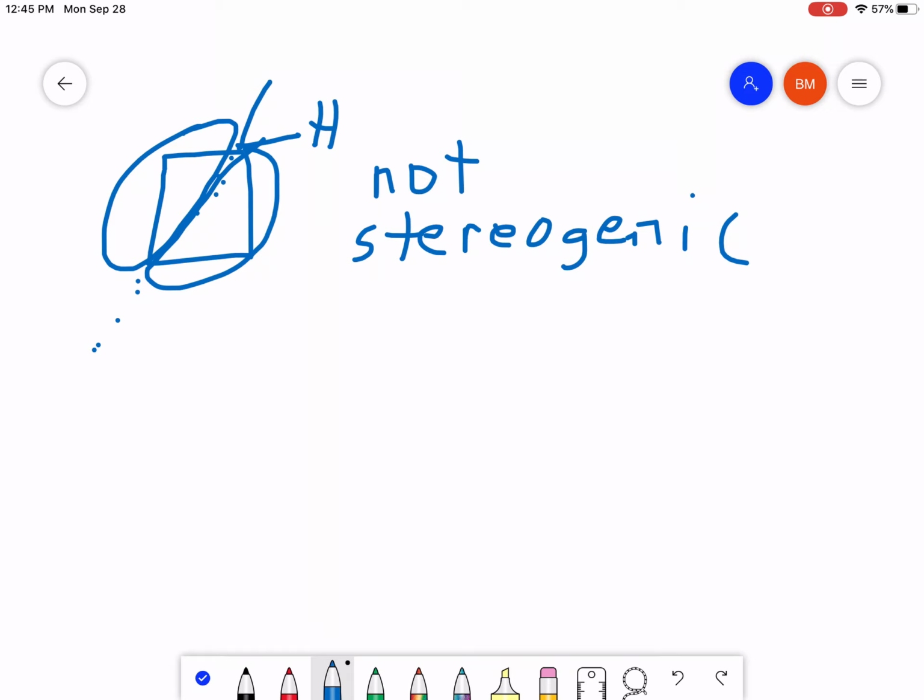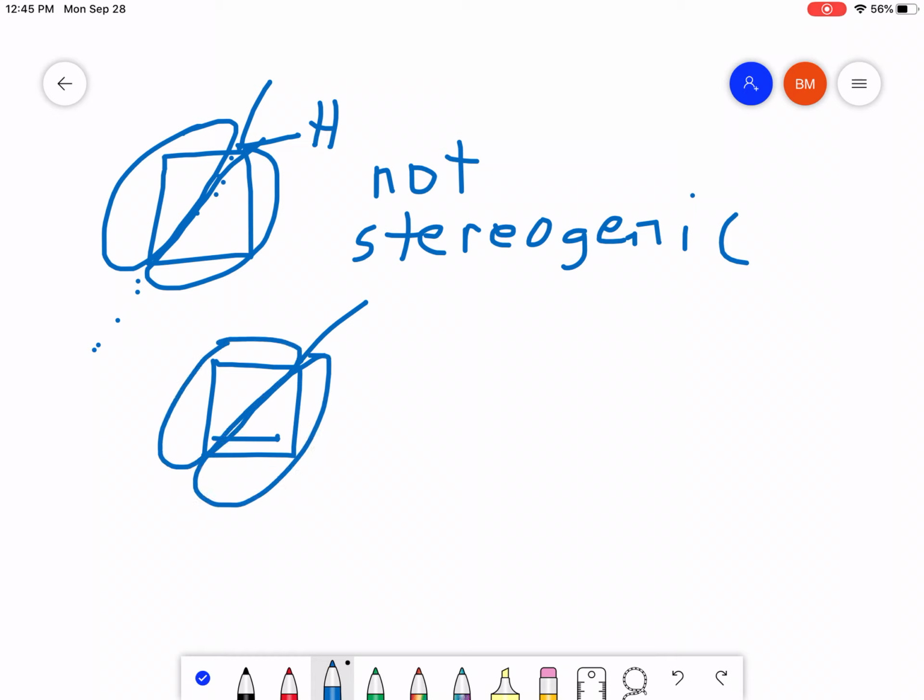However, if we tweaked it a little bit, let's just say I put a double bond right there. In that case, you see things are a lot different. We take each half of the ring. This half over here has a double bond in it, a carbon-carbon double bond, whereas this one does not.